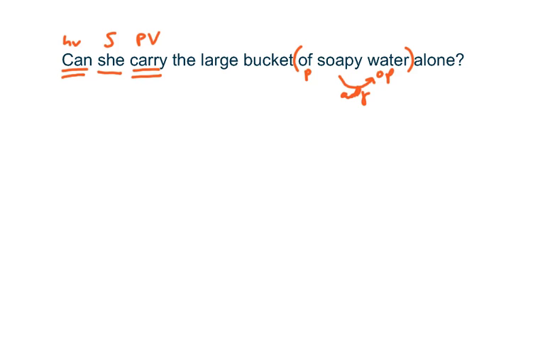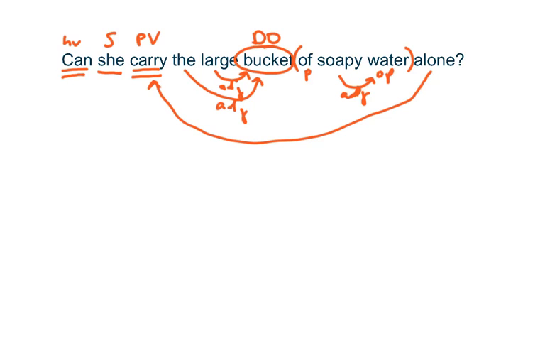We have a transitive verb, bucket, direct object. What kind of bucket? Large bucket, adjective. The bucket, adjective. Okay, the only word we don't have marked now is alone. What does alone modify? Carry, right? How can she carry it? Alone. Adverb.